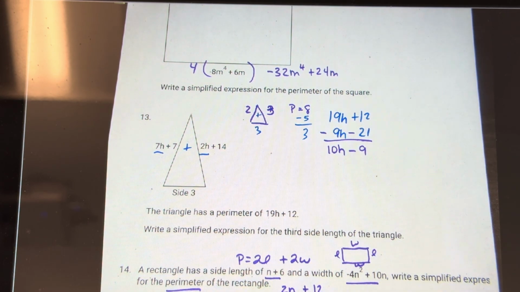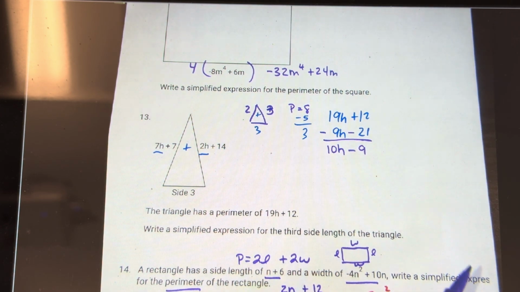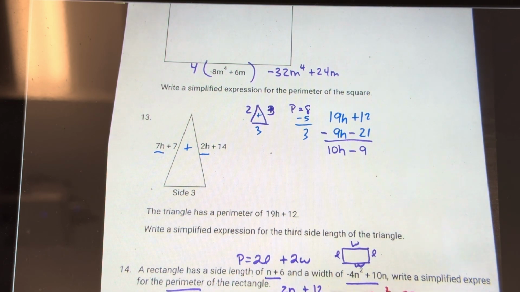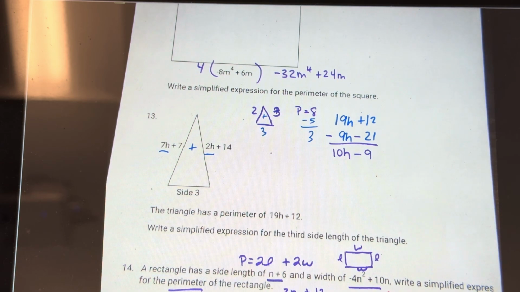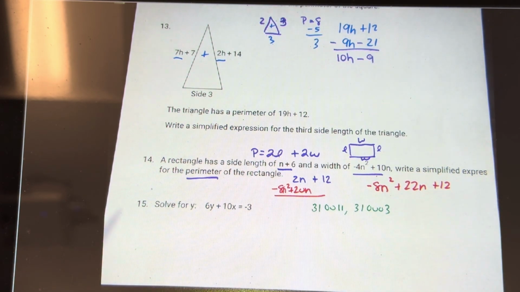And then we're going to add that together. So negative 8n squared has no friends, so it's going to be by itself. 20n plus 2n is 22n, and then 12 again has nothing to combine with. So we've got 3 different types of terms, so we're going to have 3 terms in our answer when one isn't omitted. Number 15, solving for y.